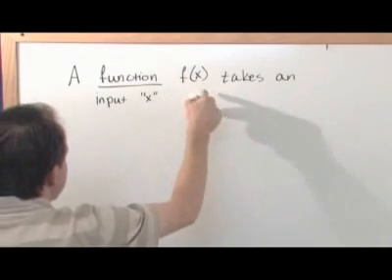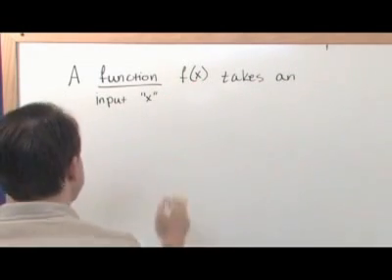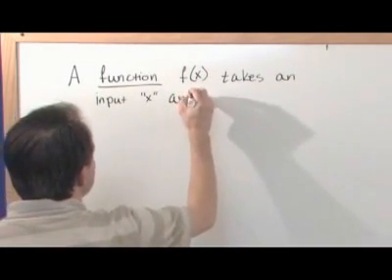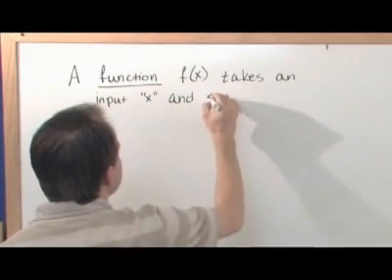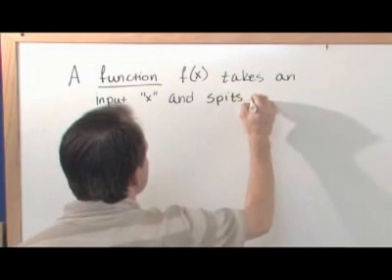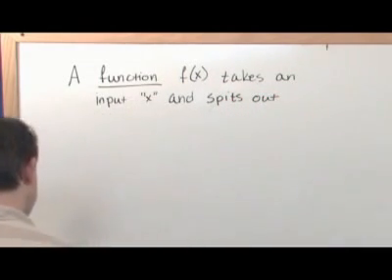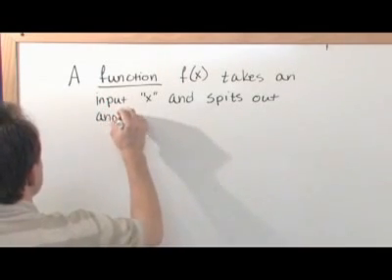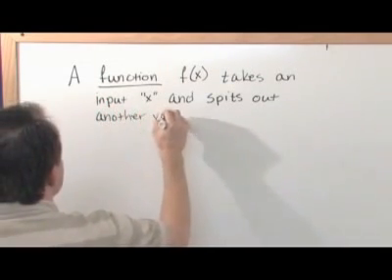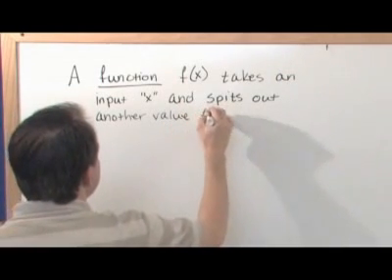That's why it's f of x. It's taking an input. We call that x. And it spits out another value, and we call that other value f of x.